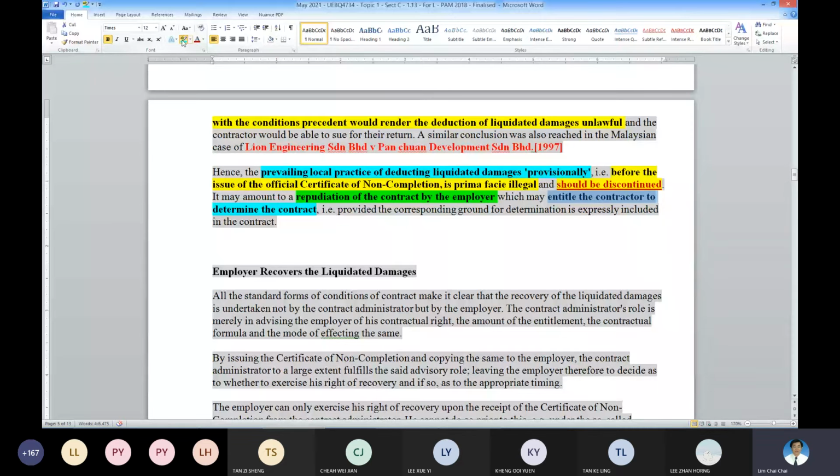So usually there will be grounds for determination. If there's a ground for determination, then these are done correctly. If not, then it will be incorrect.